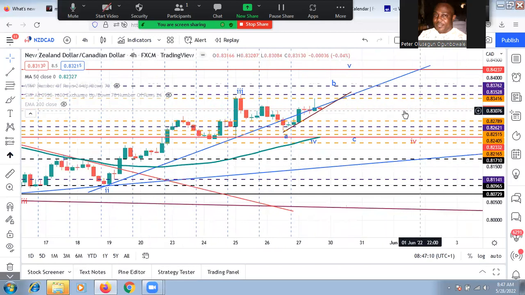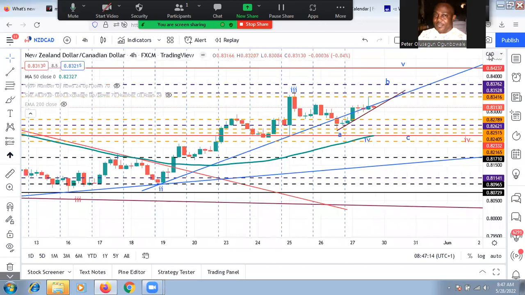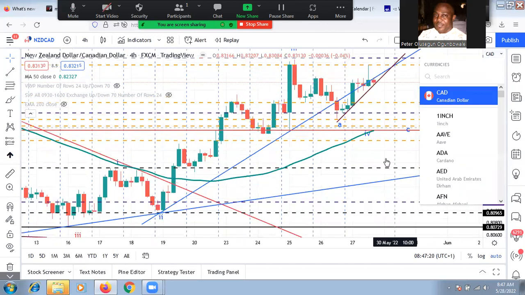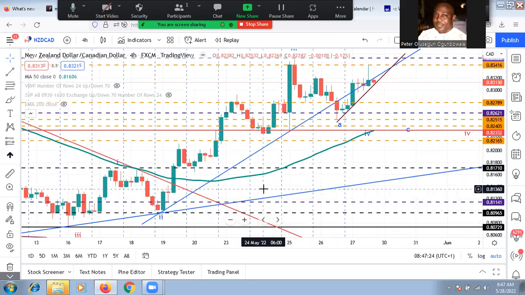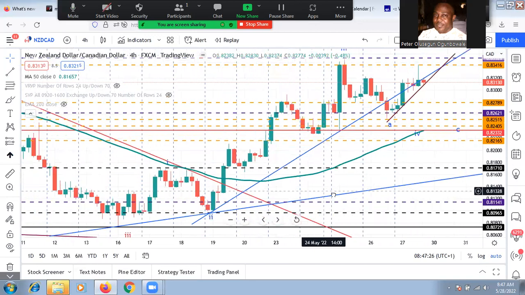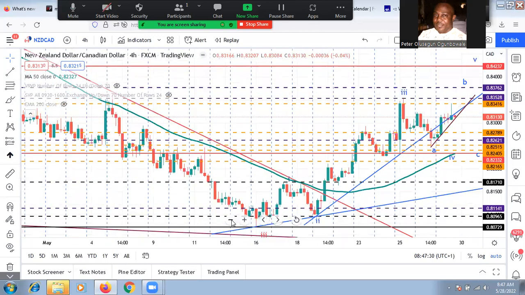Another one that I just want to show you is how I use that to guide myself on 1 hour, because I've been on a trade. I think I exited it already. That is USD CHF. I exited USD CHF, and I want to see the reaction, for before I had over 500 pips.